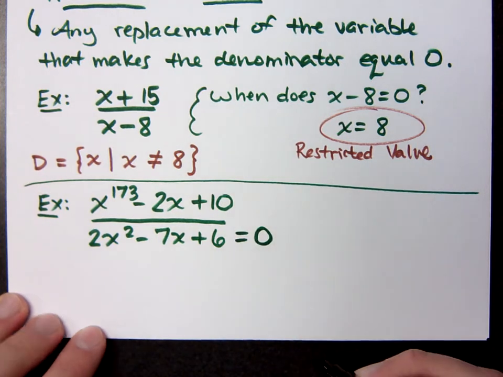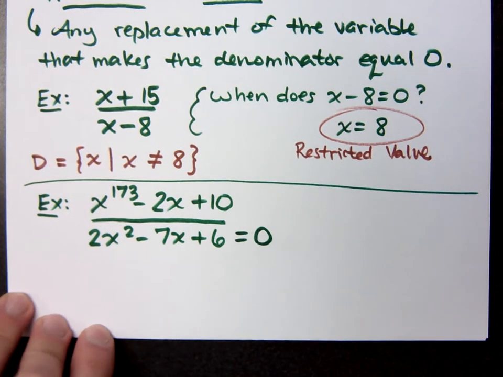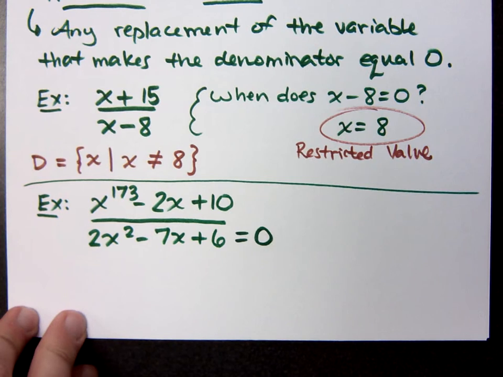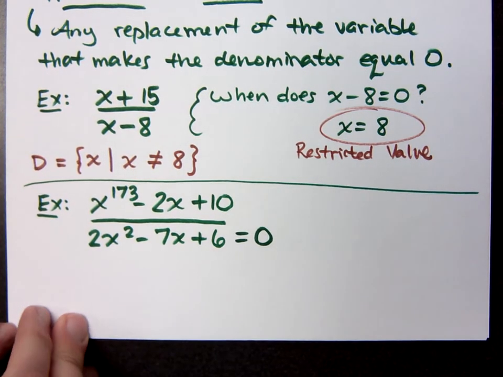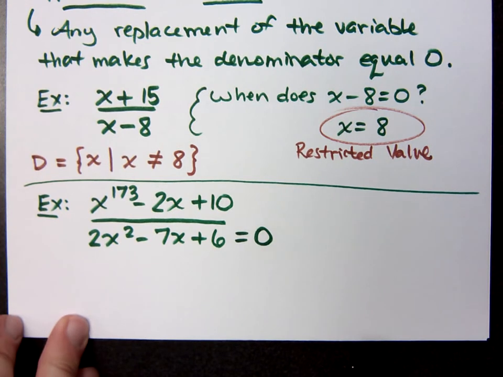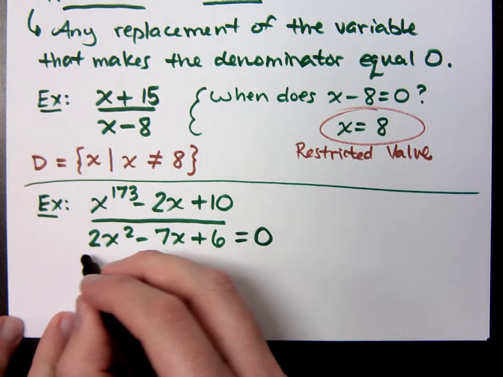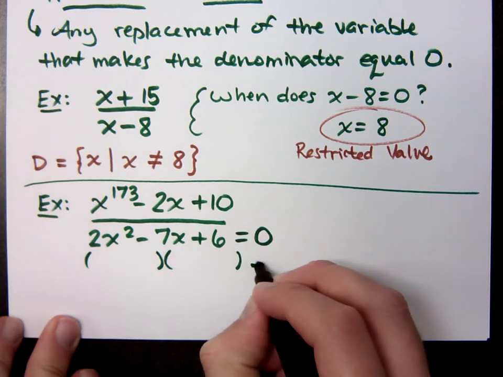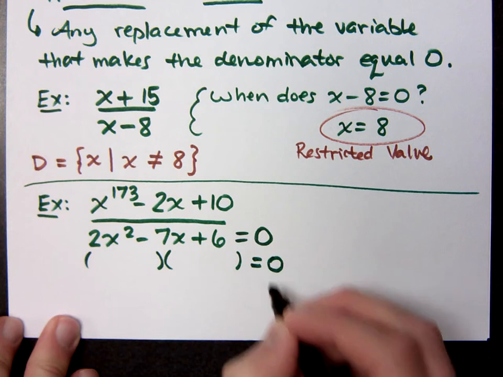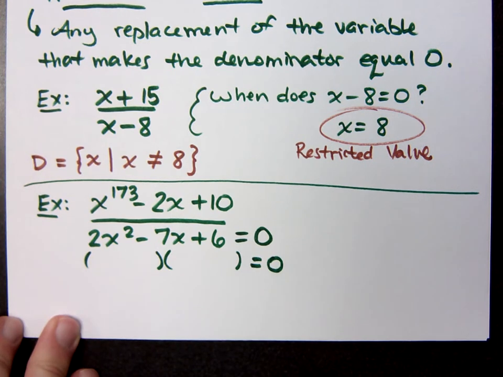So let's set the denominator equal to 0. Let's solve this. Do you know how to solve this? You like to do two parentheses, right?